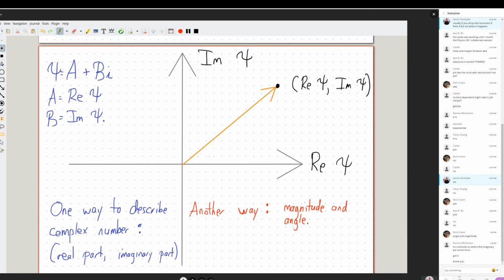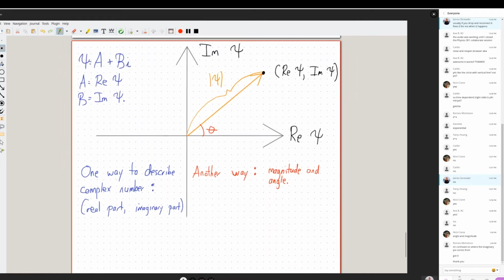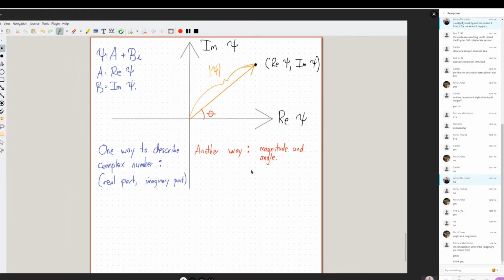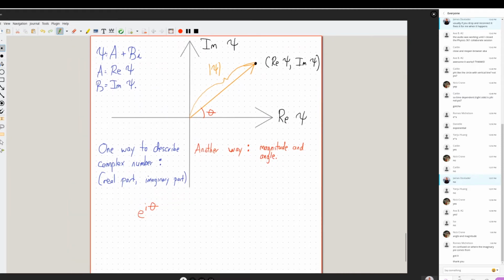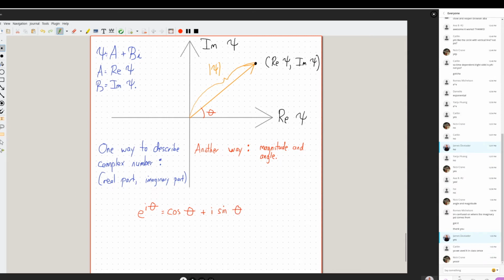That angle I'll write as theta, and this magnitude is going to be the magnitude of psi, like a vector. So let me ask you now another question. Have you seen Euler's formula before, that says e to the i theta is cosine theta plus i sine theta? You used it in class. Okay. This is where this comes in.